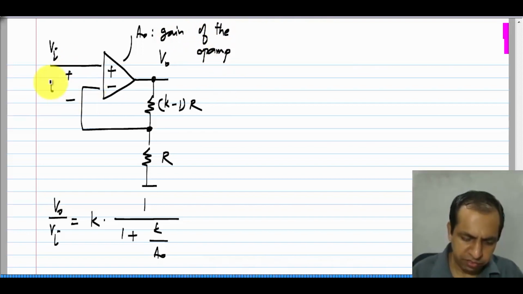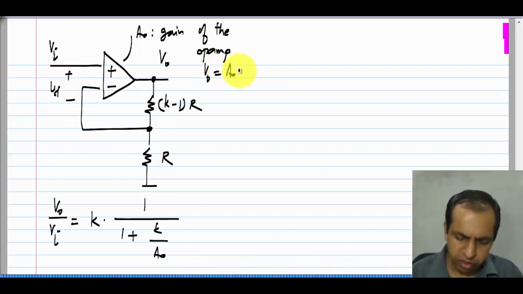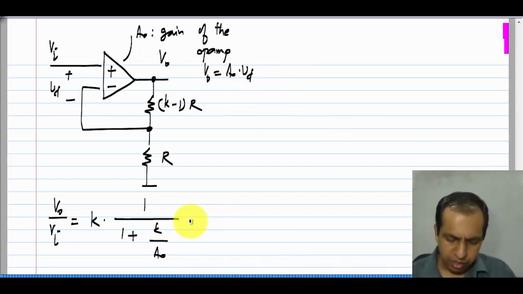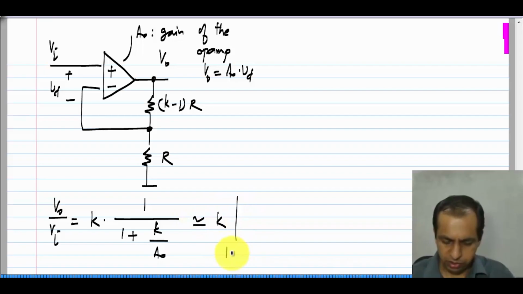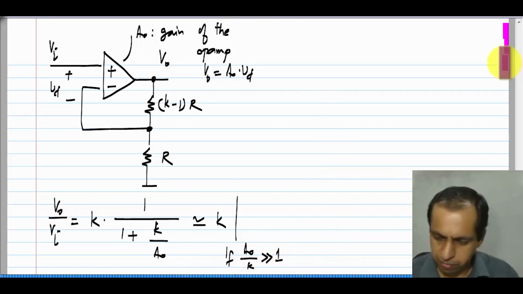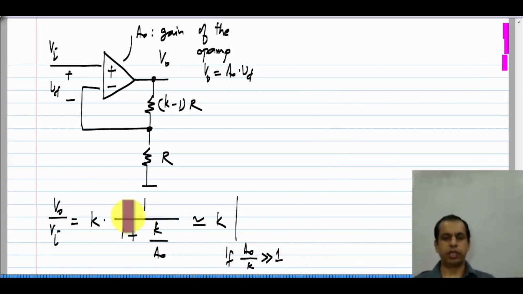It means that if this difference voltage is V D, the output V naught will be A naught times V D. Okay. And if A naught is very, very large, this gain is approximated by K. Okay. This is if A naught by K is much more than 1. Okay. So, in that case the denominator becomes approximately 1 and the gain is just K.